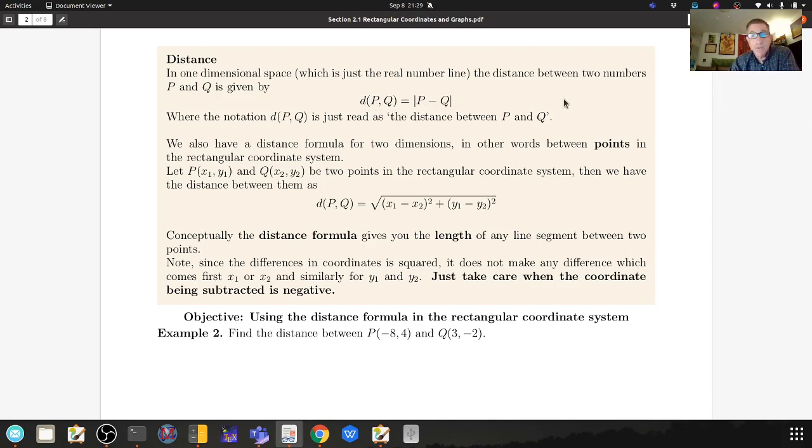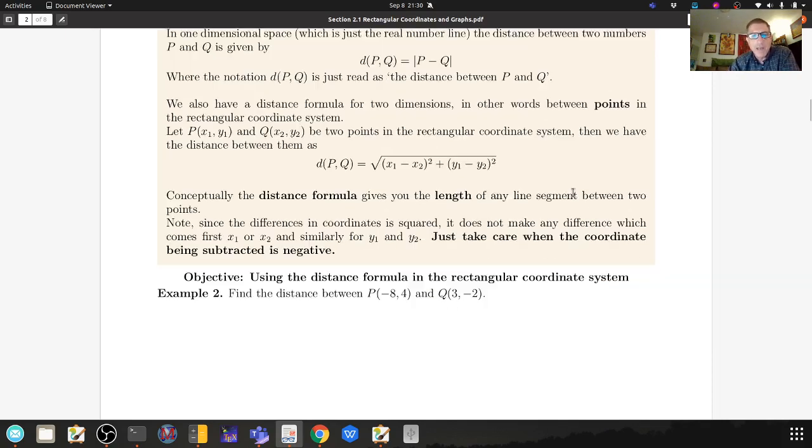And it doesn't matter which order it is. So if I want to know the distance between 7 and 21, I can subtract 7 from 21 and take its absolute value, or 21 from 7 and take its absolute value. One of those will be negative and the other will be positive, and the absolute value doesn't do anything.